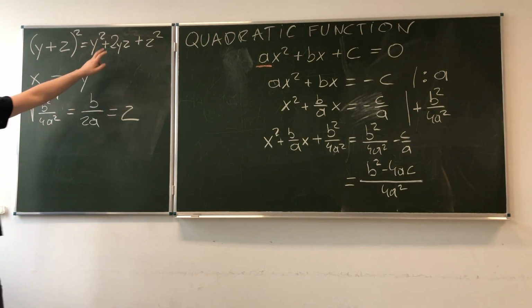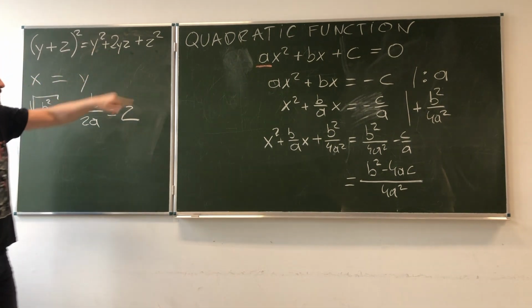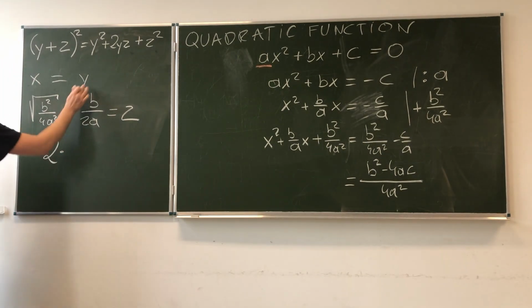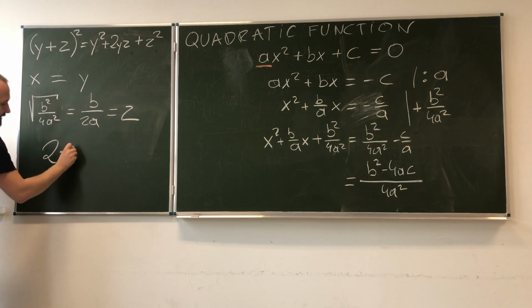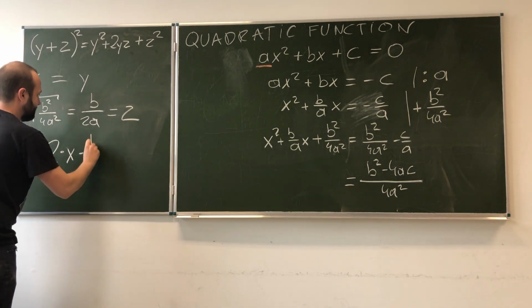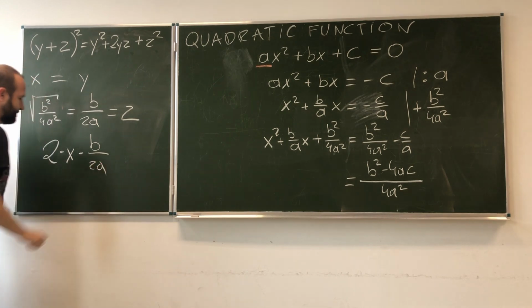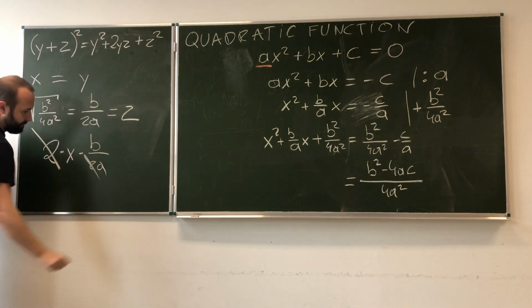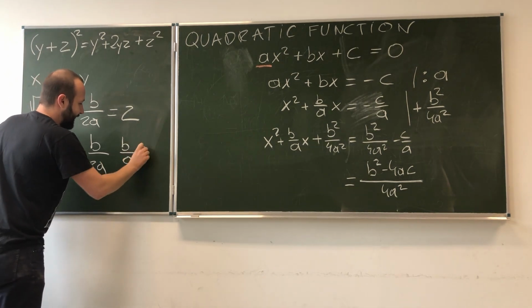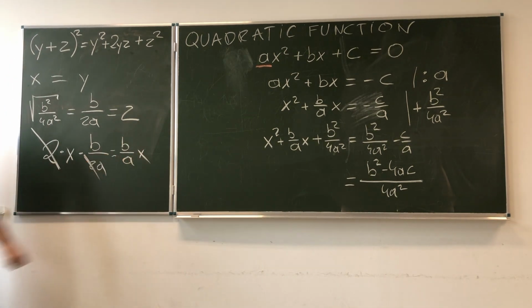Now, finally, we see that here we've got z squared, here we've got x squared. Now we want to have 2yz. And look, if I'm going to take 2, multiply it by y, which is x, and then by z, I'm going to obtain b over a x.